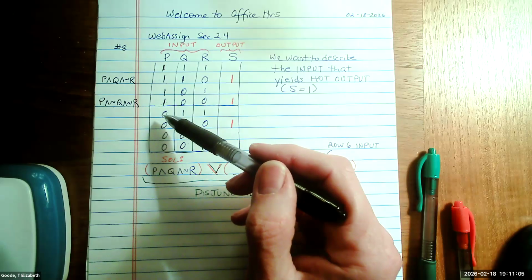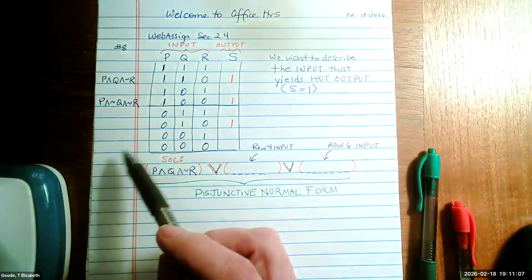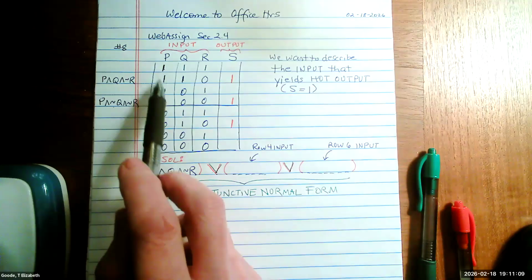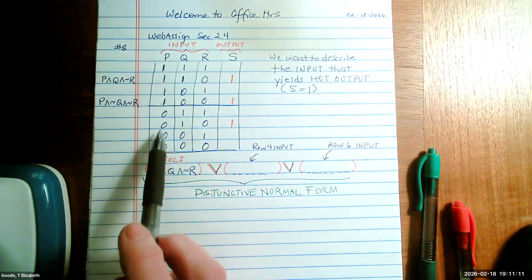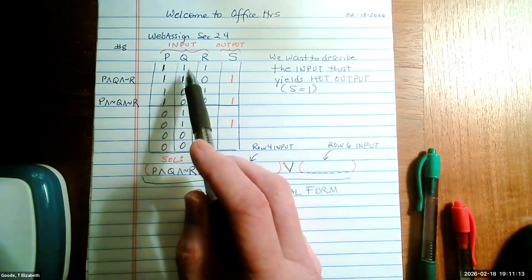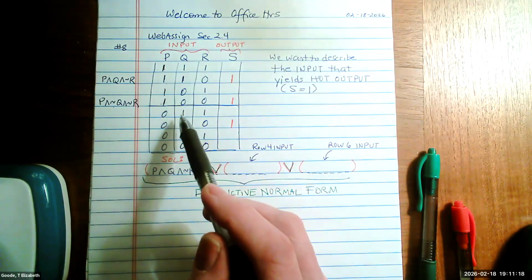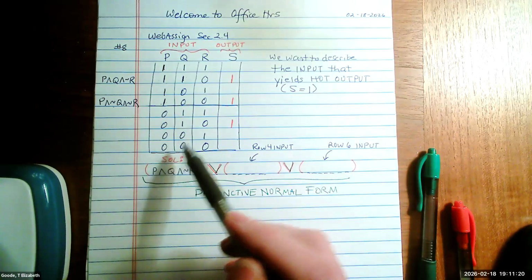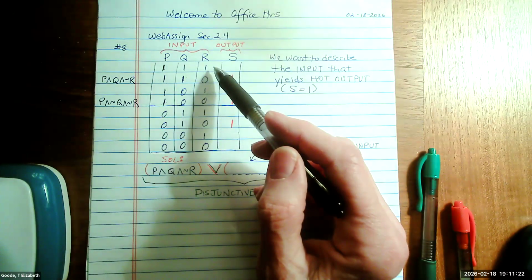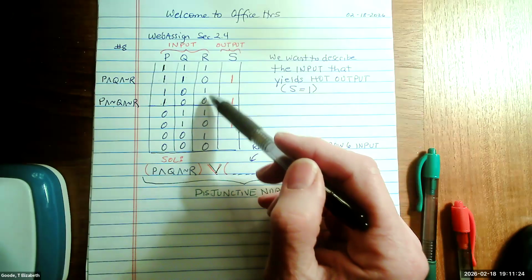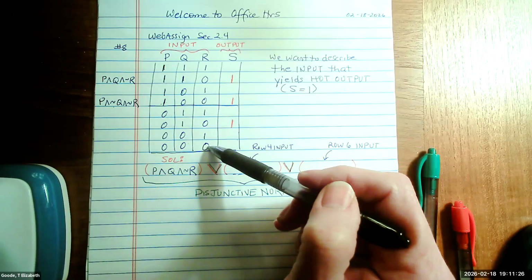So this corresponds to what we used to do in truth tables when we would write true, true, true, true, false, false, false, false. Under Q, of course, we have 1100, 1100, and under R, we have 1010, 1010.